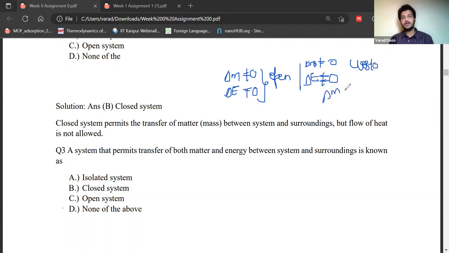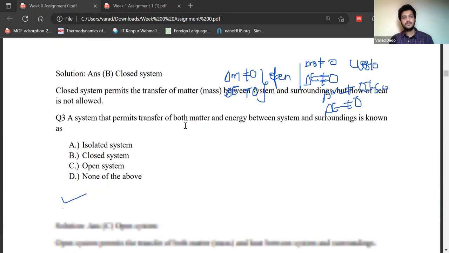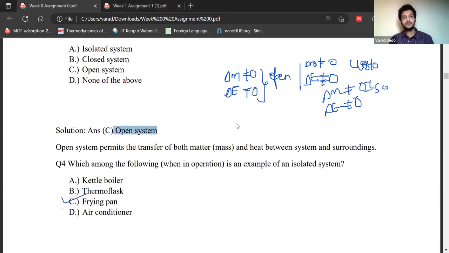And when delta M equal to 0 and delta E equal to 0, then we have an isolated system, right? So by this definition, we have open system, right? So the answer is open system.